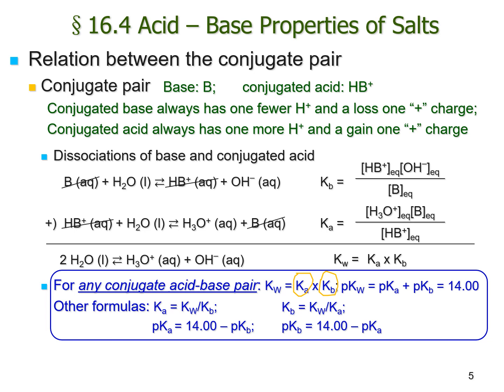I'm sorry, Kw equals Ka times Kb. pKw equals pKa plus pKb, and so much more. Okay, so we need to understand all these equations. To me, all I need to know is this equation, because we should be able to derive the rest.